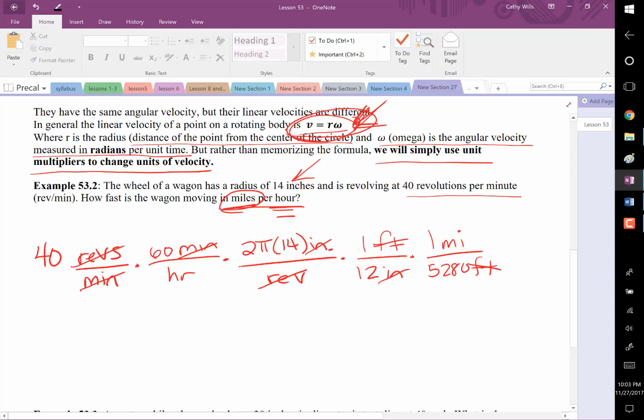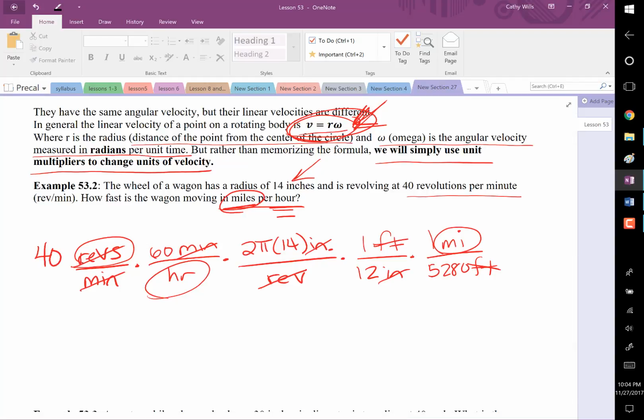All right, so I'm done. I've got miles per hour. It's just very simple. There's no need to learn a formula. You just use your unit multipliers just like you normally would. If you are dealing with revolutions, a revolution is just a circumference of the circle, whatever circle you're dealing with.